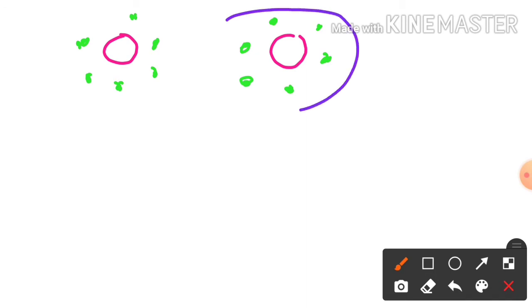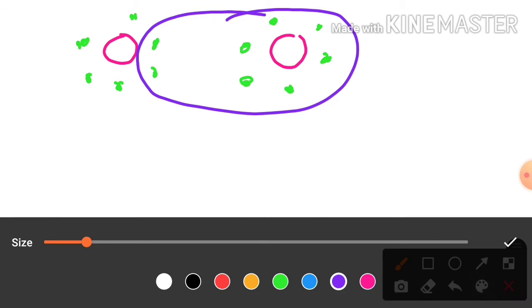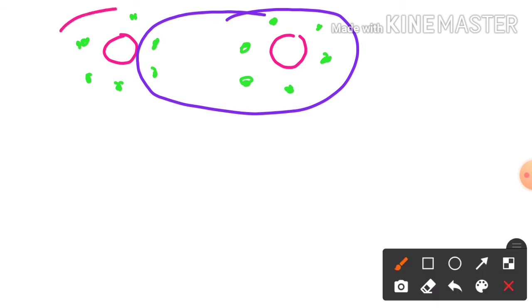1, 2, 3, 4, 5, 6. 1, 2, 3, 4, 5 and 6. Both these oxygens need 8 electrons in the outermost shell. So what do they do? This oxygen takes the contribution of these 2 electrons from this oxygen, and this oxygen takes the contribution of these 2 electrons from the other oxygen.